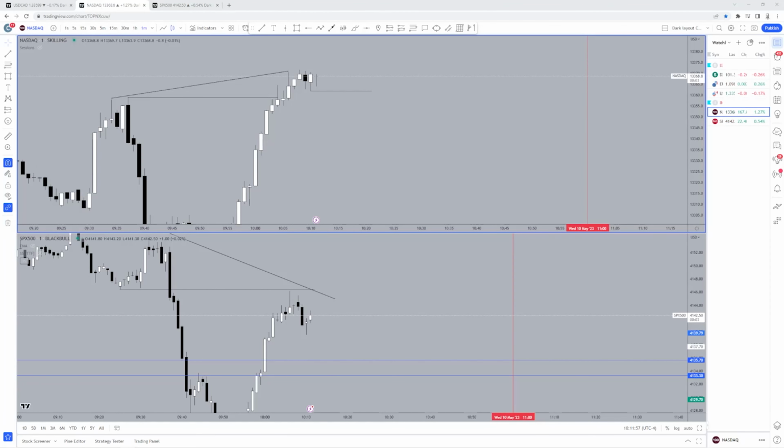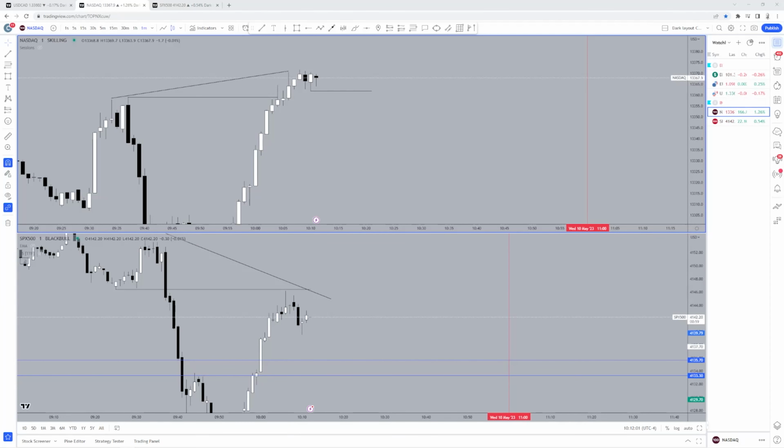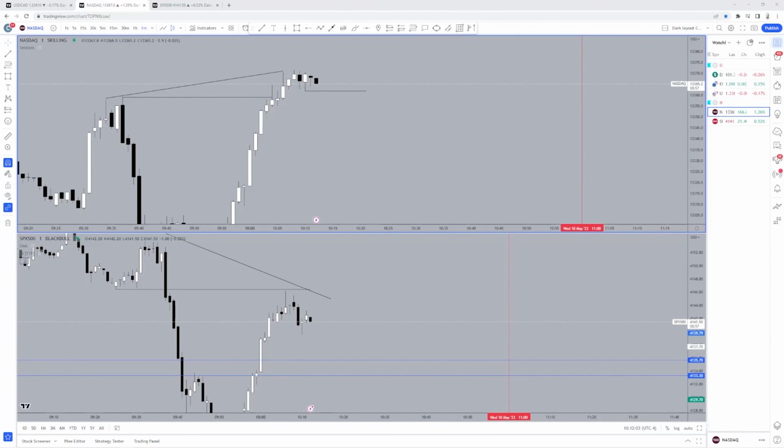Looks very interesting to me. I don't know how you see it, guys, but to me it looks very promising, very interesting. So if we break impulsively below this area, I think I will be entering a short.